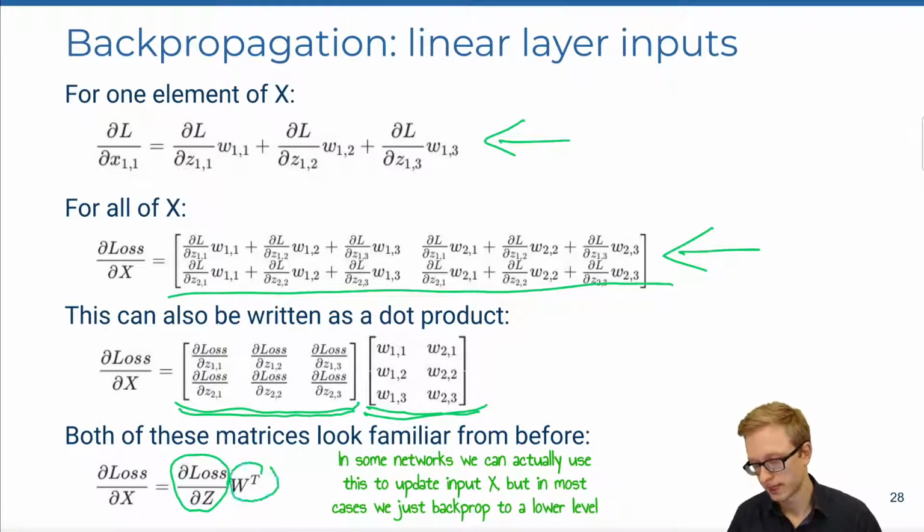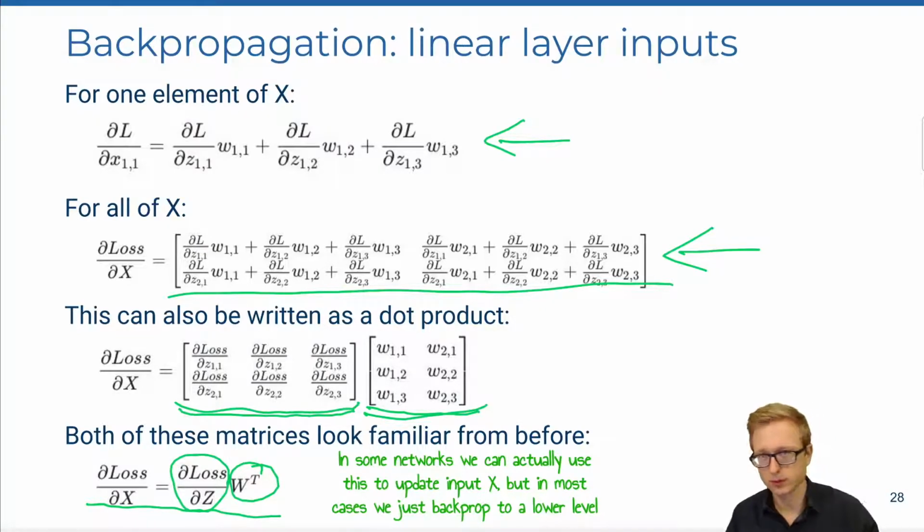So we can write it like this. And that's the simple way of calculating backpropagation for our inputs x in a given layer. So this is one of the important formulas for backpropagation.